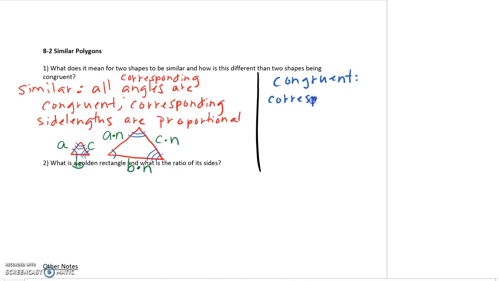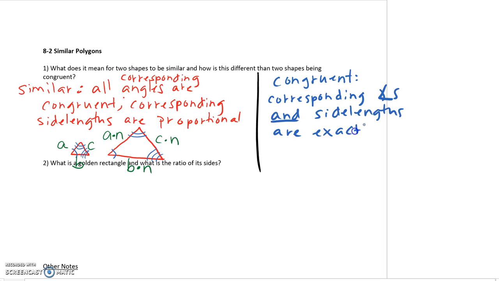Corresponding angles and side lengths are exactly the same measure. So in addition to the angles being the same, if one side measured 1 inch, the other triangle would have to have a side length of 1 inch.